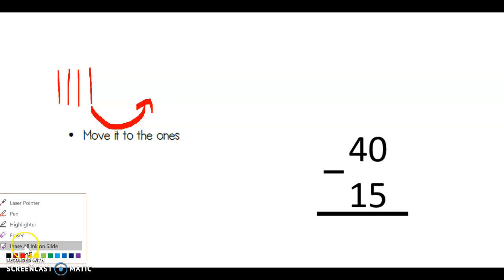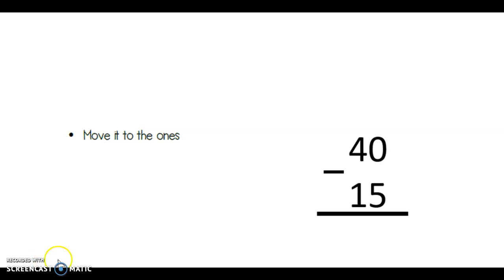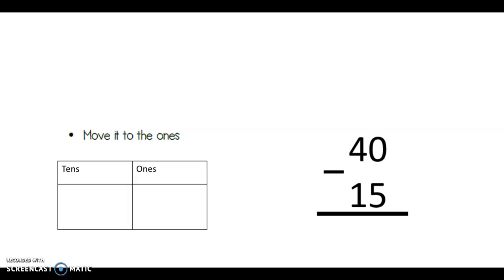Next, what I'm going to do is I'm going to move it to the ones.